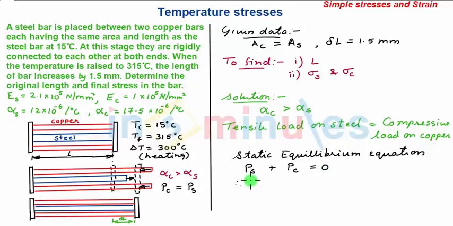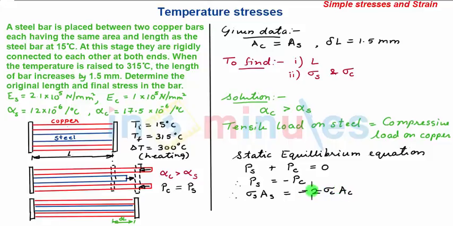So we can write it as PS is equal to minus PC. Now this is the same thing as we have written here. Suppose we have the load on the steel as tensile load, PS as positive, so the resultant load on the copper bar will be negative, if this minus sign comes here. So we have PS as sigma S into AS is equal to minus 2 sigma C into AC.